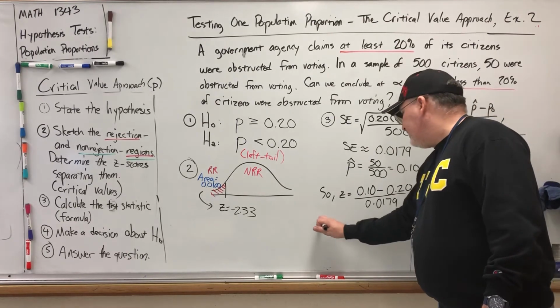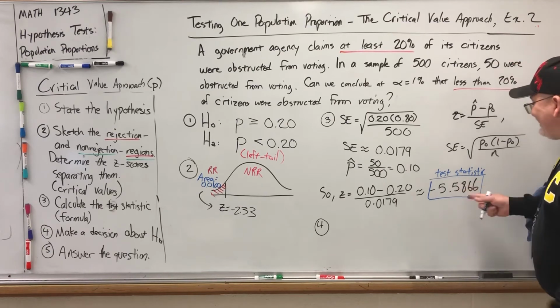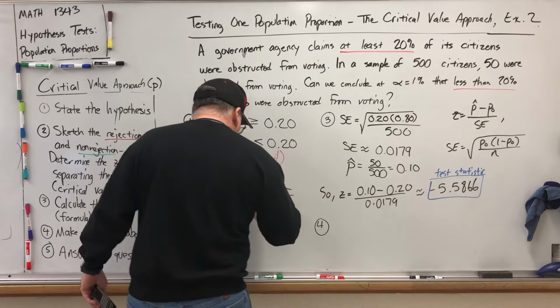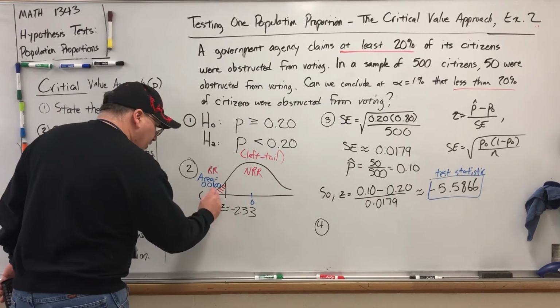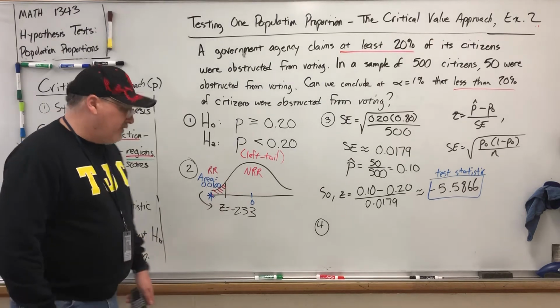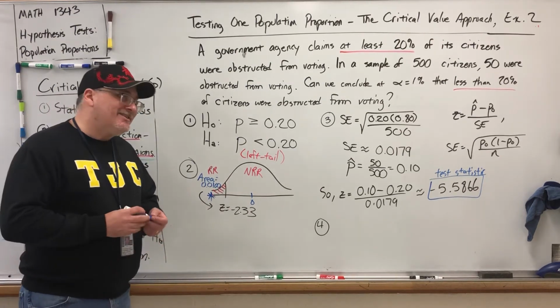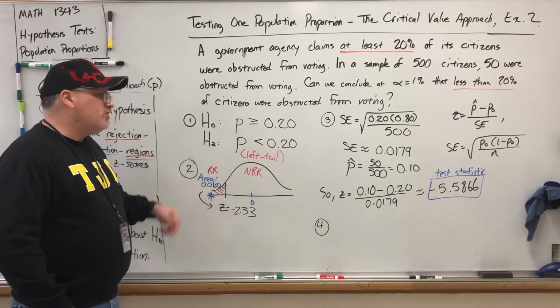Our 4th step is to decide whether or not to reject the null hypothesis. This test statistic is pretty large, negatively speaking. 0 in the middle, negative 5.5866 would be very far to the left of negative 2.33. But it really doesn't matter how far past it is. All that matters is it went past the critical value into the rejection region.